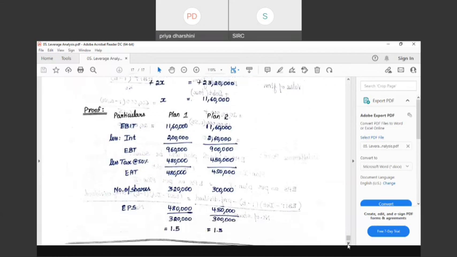So this is what is called the indifference level of EBIT. What should be the amount of EBIT such that however I raise the capital for additional expansion, it will give me the same EPS? So this is indifference between plan 1 and plan 2. Is this sum understood?